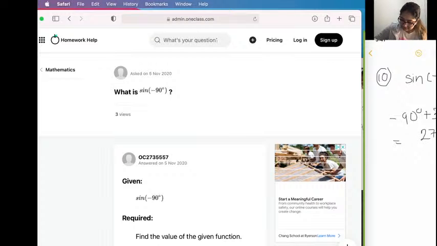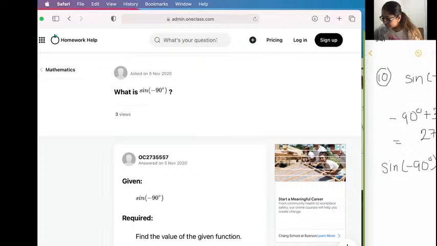So what we can say here is basically this is the same thing as saying sine -90 is basically the same thing as sine of 270.